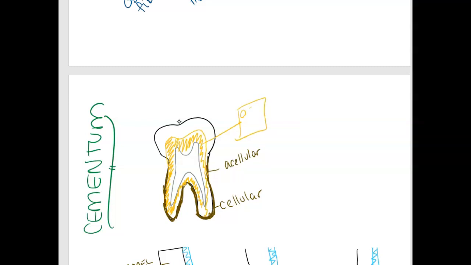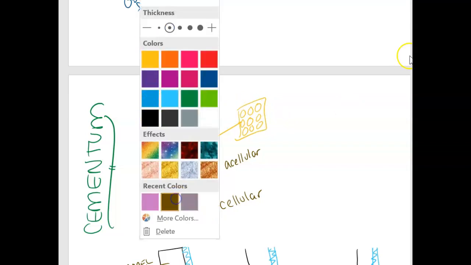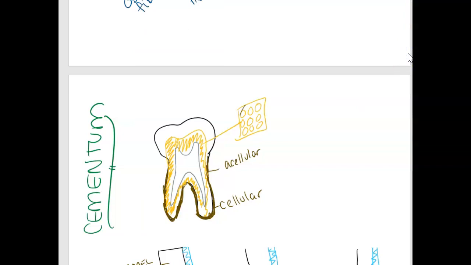The dentin actually has tubules or holes, which are known as dentinal tubules. And when these holes or tubules are open, we're going to feel sensitivity. Anytime we eat something cold, we're going to feel it because those tubules are open. So the cool thing about cementum is that it covers the entire dentin so that it can seal those tubules. So now we don't feel any sensitivity.